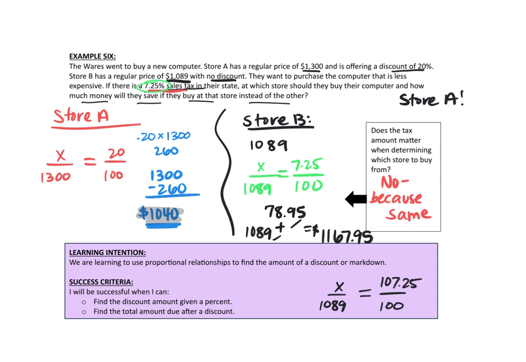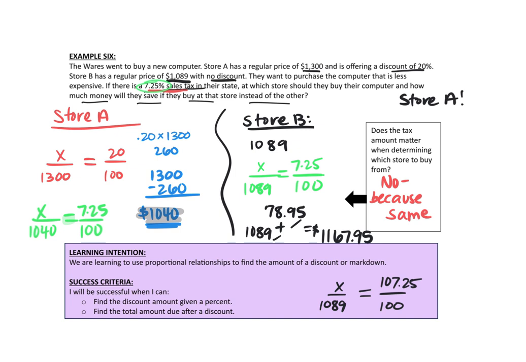Let's go to store A. I'm going to use green over here. Okay, my sale price is $1,040, sorry. That's 100%. Sales tax is 7.25. Okay, and then I want to figure out how much tax am I going to pay. So I'm going to do that.